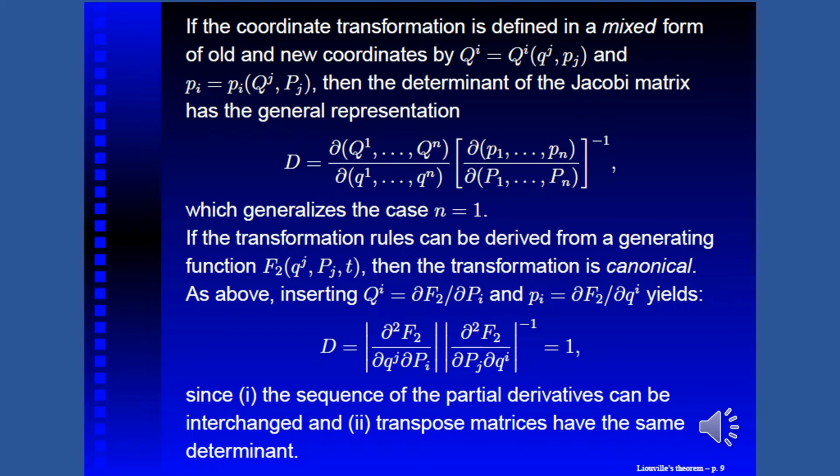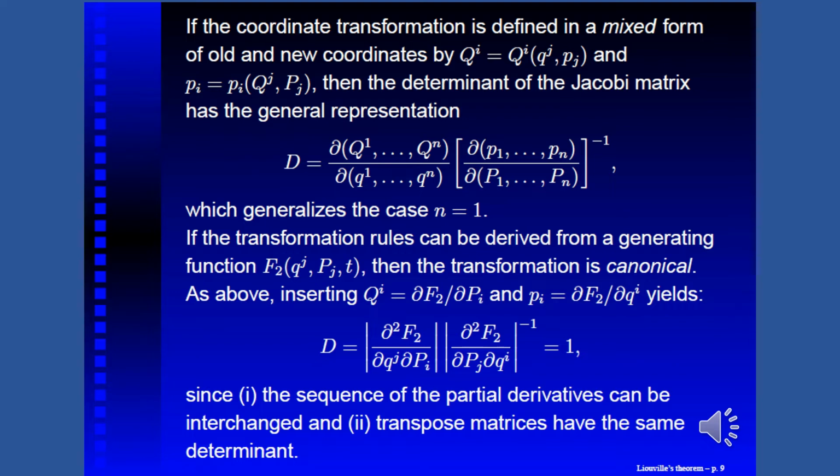As above, inserting capital Qi is equal to partial F2 over partial capital Pi, and small pi is equal to partial F2 over partial small qi yields capital D is equal to determinant of partial square F2 over partial qj partial Pi into modulus of partial square F2 over partial Pj partial qj, whole power minus 1, and that gives the value equal to 1.